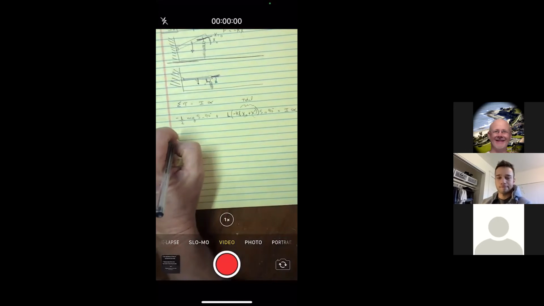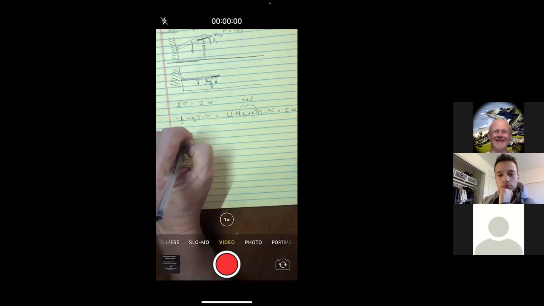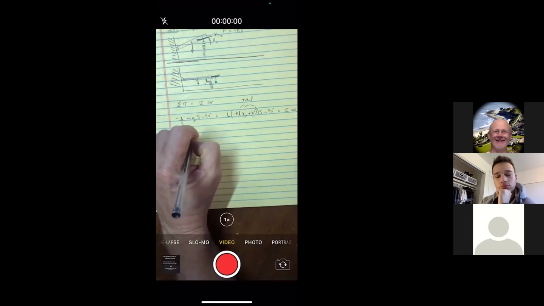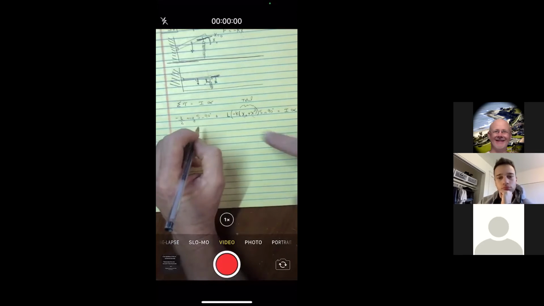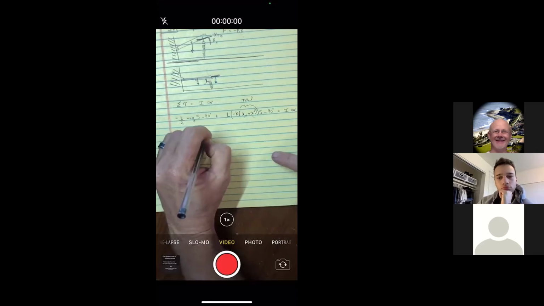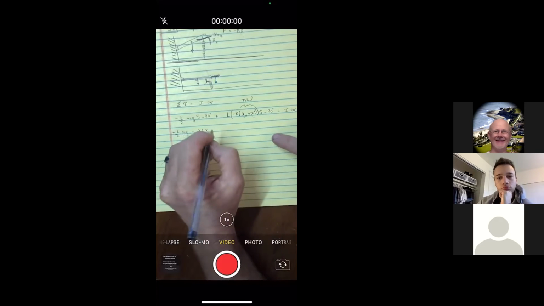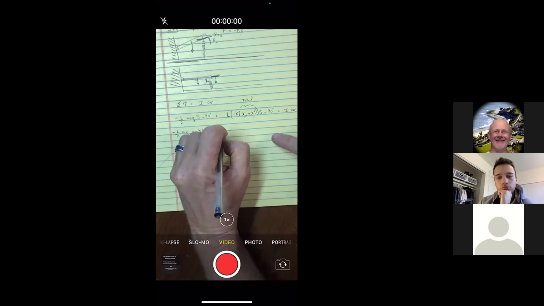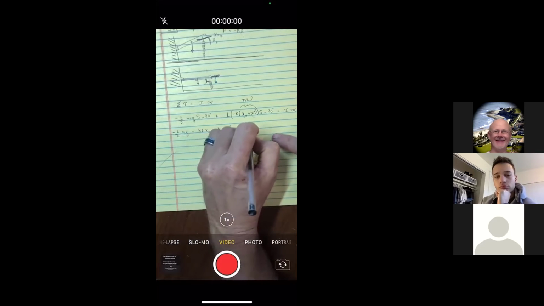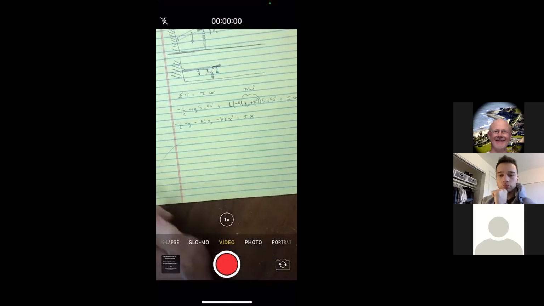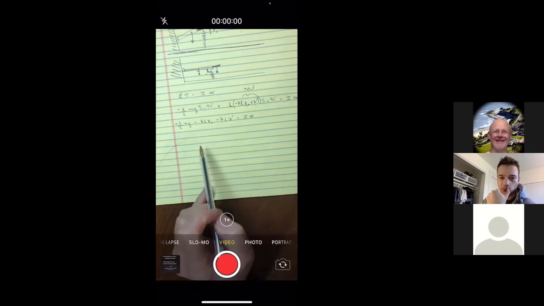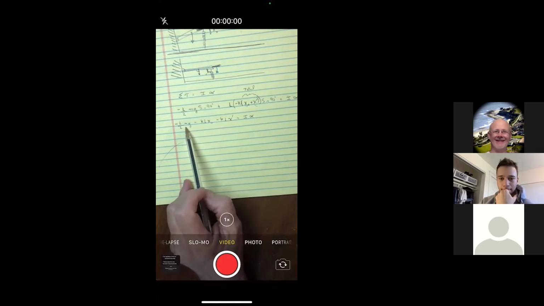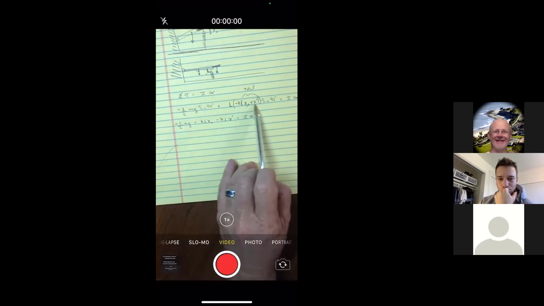So I would say technically I have three terms here. Because the first torque right here is from gravity. The second torque I've made into two pieces.